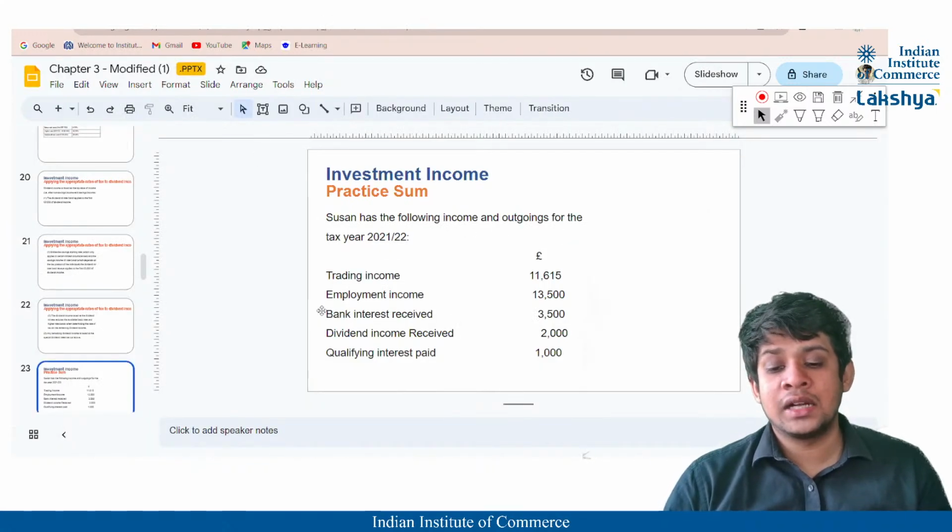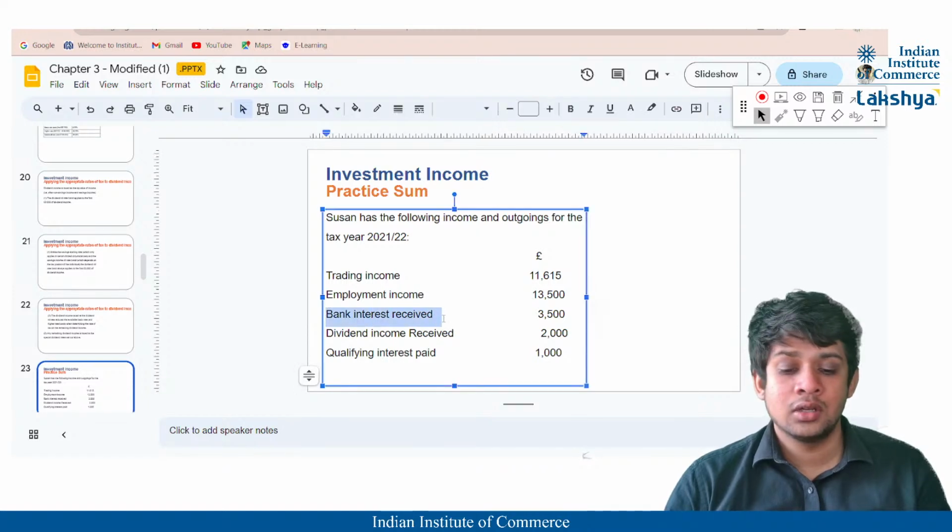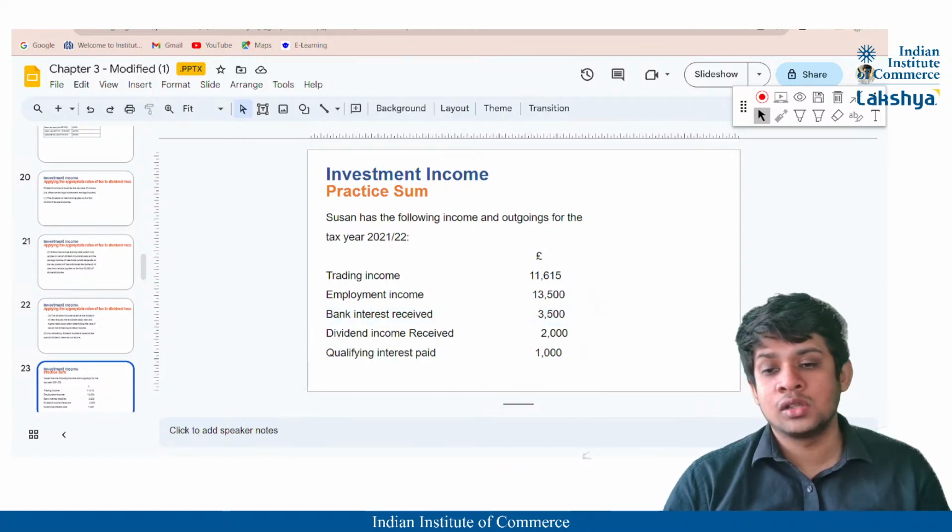Then comes the latter part, that is bank interest which is received. That is my savings income, 3,500.